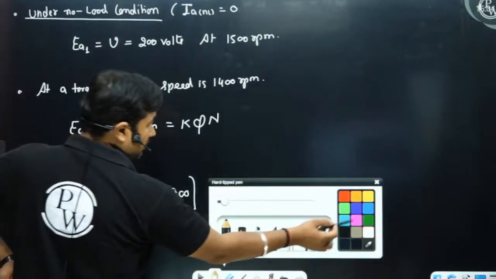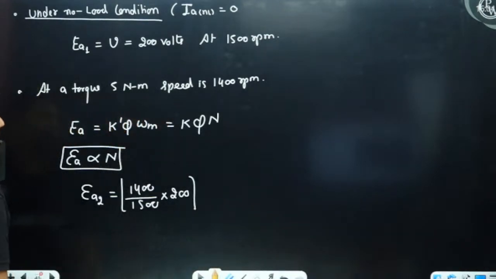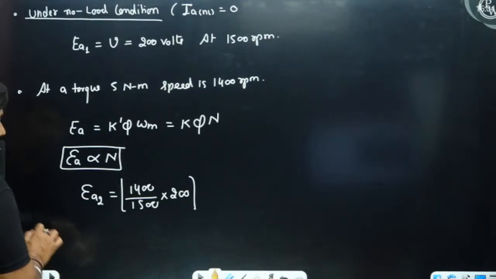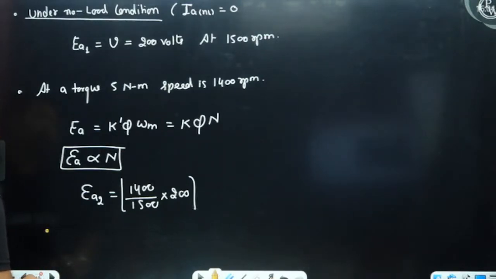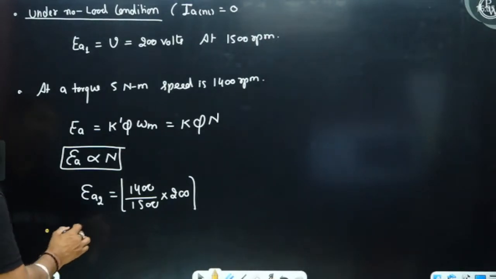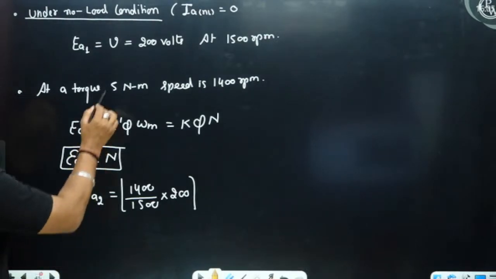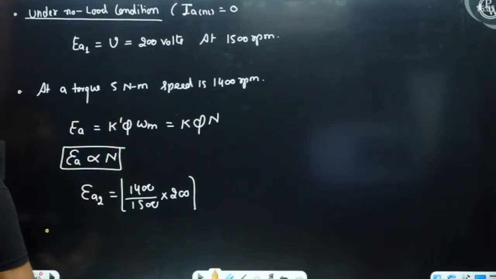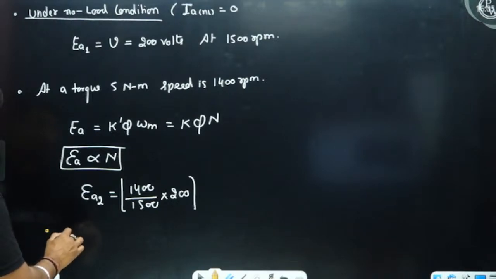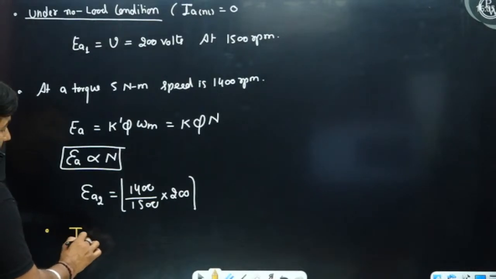Now you know about EA2. Torque is given to you at 5 Newton meter. So it means we know about armature current as well. What is armature current?